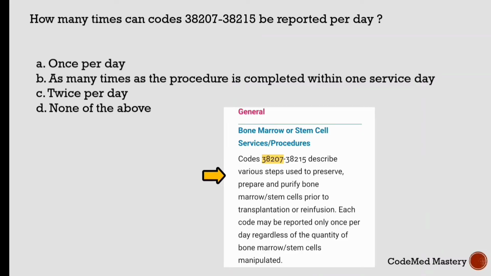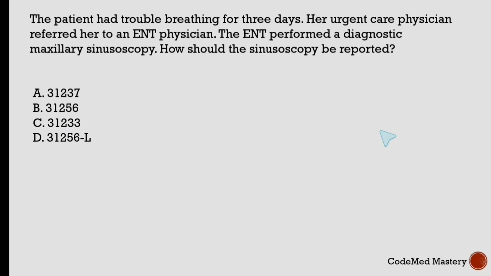Codes 38207 to 38215 describe various steps used to preserve, repair and purify bone marrow, and they have mentioned each code may be reported only once per day. Right, so you got the answer. So our right answer is option A. You can eliminate all other options. Let us move on to the next question.